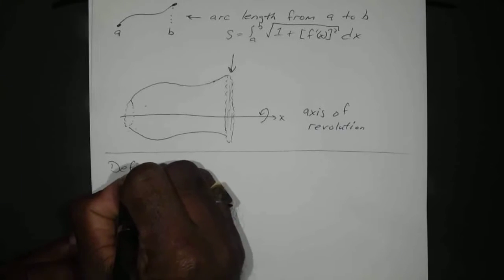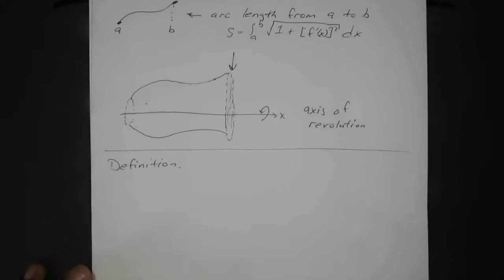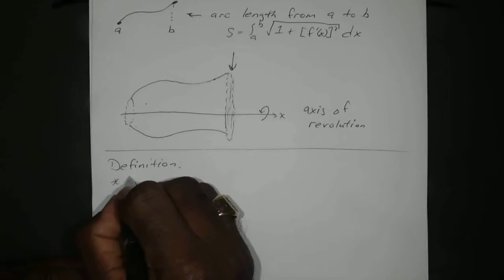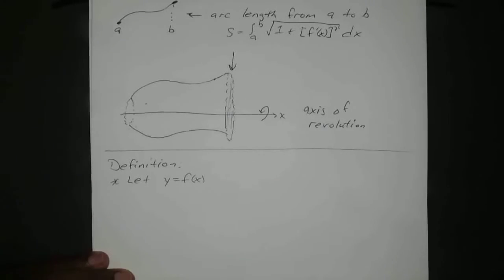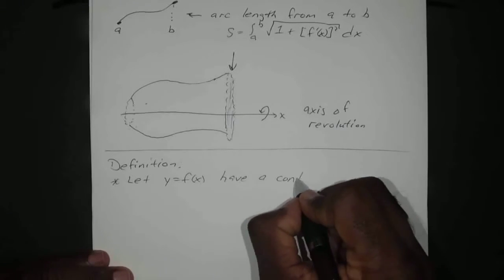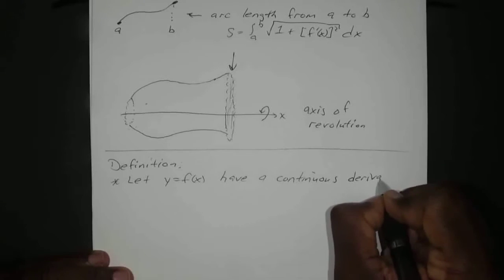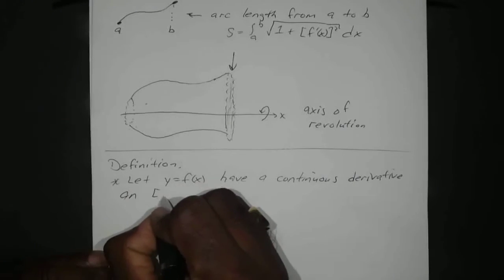So the definition of the area of the surface of revolution, let's say if we let y equals f of x have a continuous derivative on the interval AB.